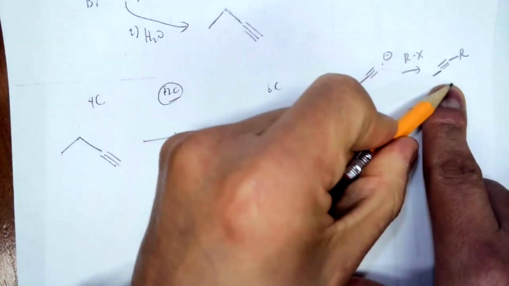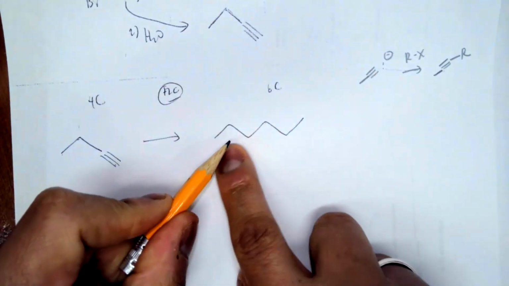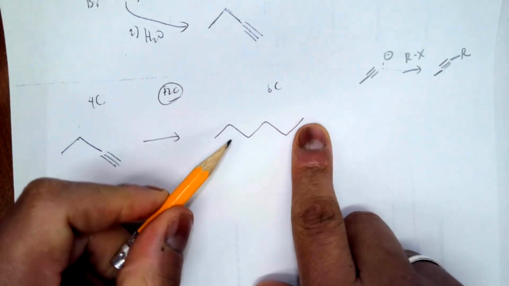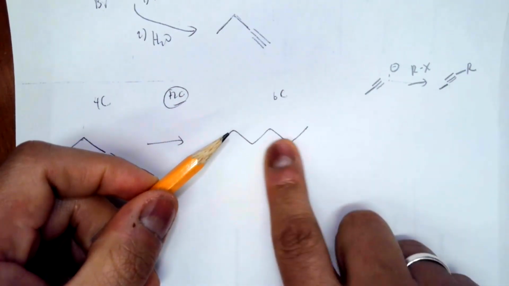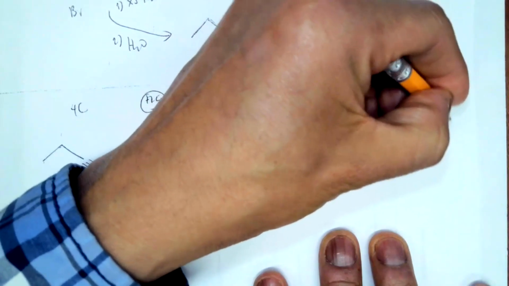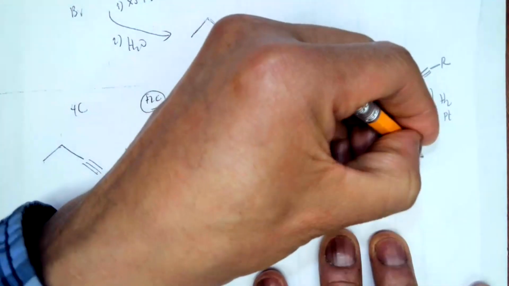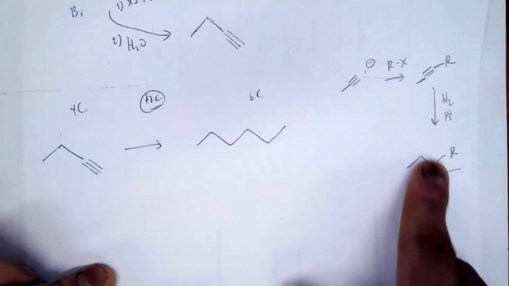Okay, but this reaction gives me an alkyne. I don't get an alkyne, I'm having an alkane. Okay, if you're having an alkane, that's fine. Why? Because the alkyne can be reduced with H2, Pt to an alkane. So that is the strategy.